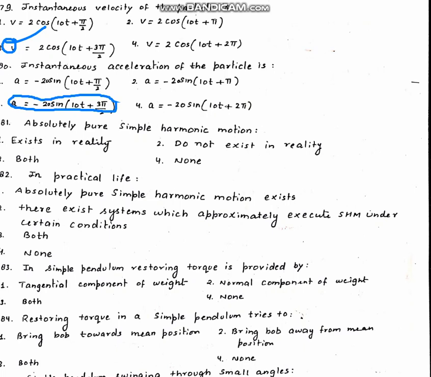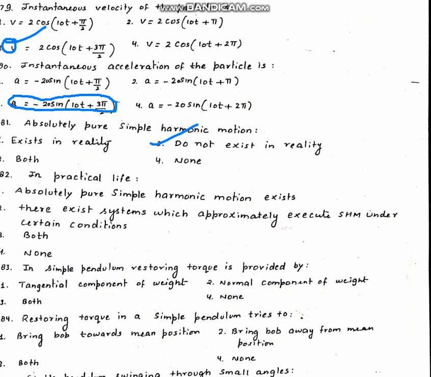Next is absolutely pure simple harmonic motion. So absolutely pure, they do not exist in reality, because there are certain dissipative forces which do not permit to move ideally.